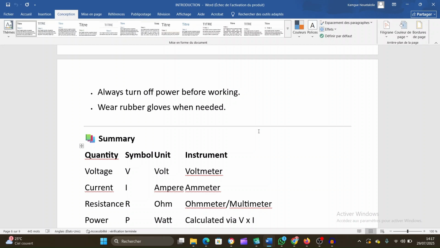Can you remember that that's how we define electricity? It is the flow of electric charge through a conductor such as a wire. And that's why we called it an electric current.